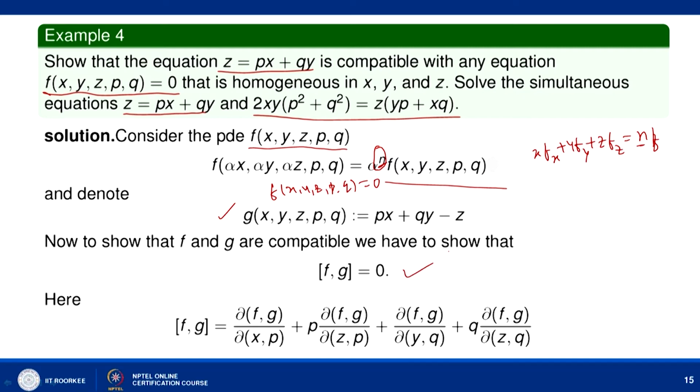Let us look at the bracket fg and try to show that bracket Fg is equal to 0. Now look at the bracket Fg here: it is del F upon del x times p, plus p times the Jacobian of F, g with respect to z, p, plus the Jacobian of F, g with respect to y, q, plus q times the Jacobian of F, g with respect to z, q. Now let us simplify this further.